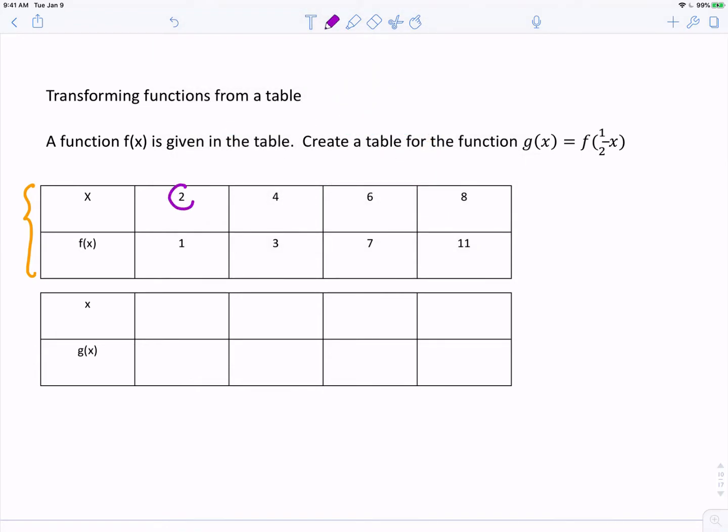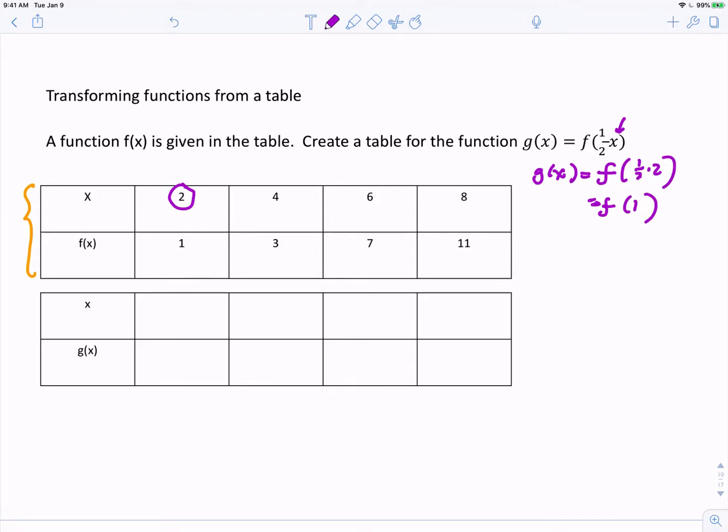Well, if x is 2, then g of x would be the same as f of 1/2 times 2, or in other words, the same as f of 1. If we look at our original data, we don't know what f of 1 is, and so we wouldn't be able to find that value.